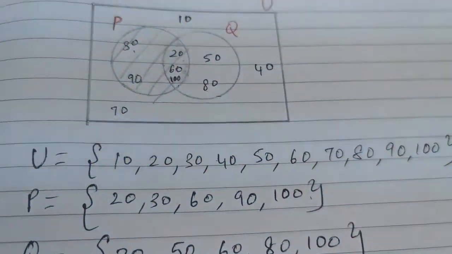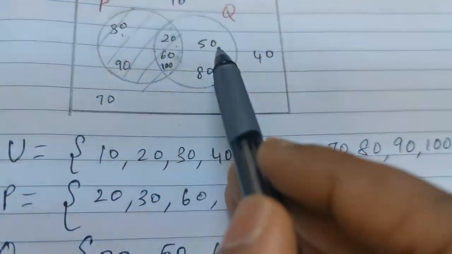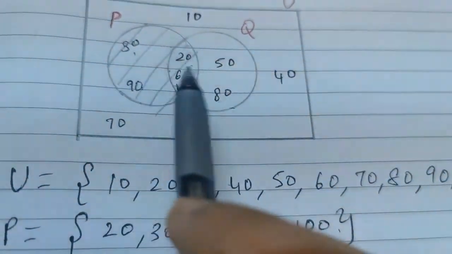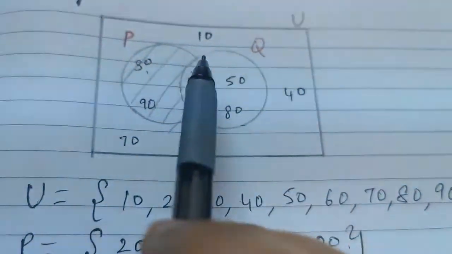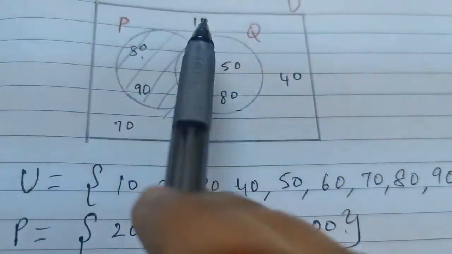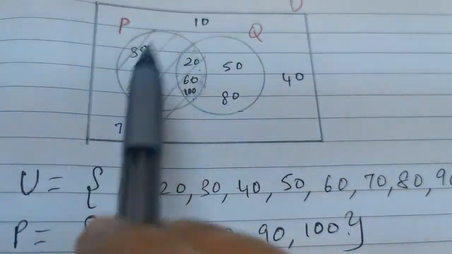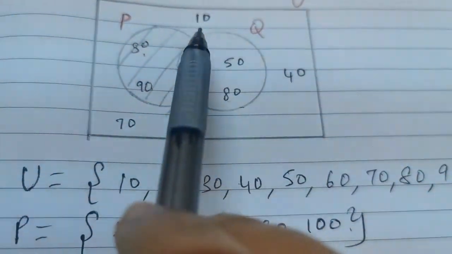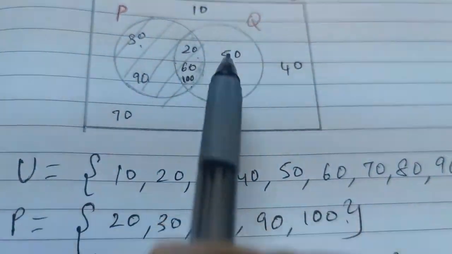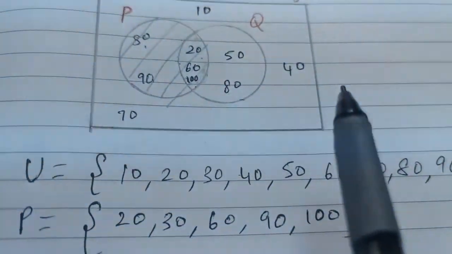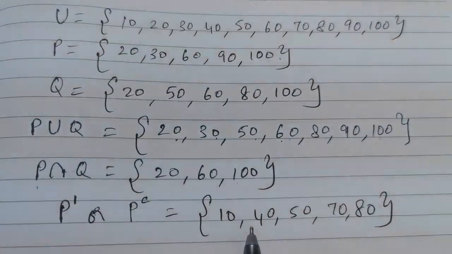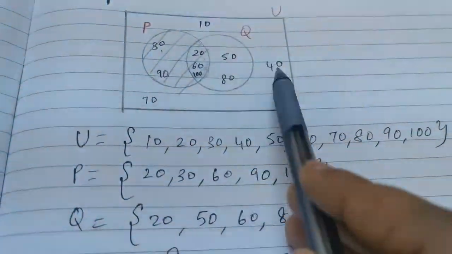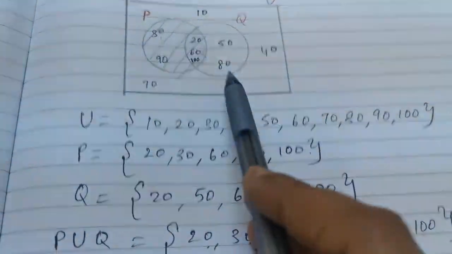It includes the three elements which are elements of set Q also. We will not write that in P complement. So we will remove these elements and we will write 10, 40, 50, 70 and 80. So these are the elements of P complement: 10, 40, 50, 70 and 80.